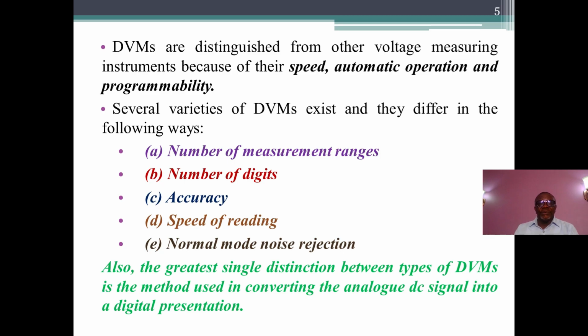One, number of measurement ranges. That is, if the variable you're measuring is not going to be more than 10 volts, for instance, you can switch your measurement range to 0 to 10 so that it will give you a wider reading, that is, a higher number of decimal places.